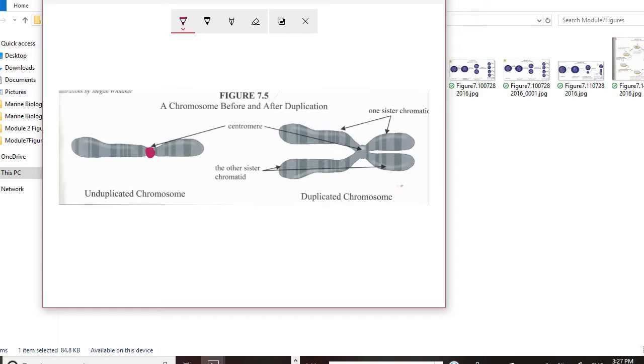And one of the things that happens in reproduction is that the chromosomes will duplicate themselves. So here's one chromosome, and that chromosome will duplicate itself. So we have two copies that are exactly like this one, and they will join together with each other by their centromere. So they'll join together there in the middle. And then we call the two different chromosomes sisters.